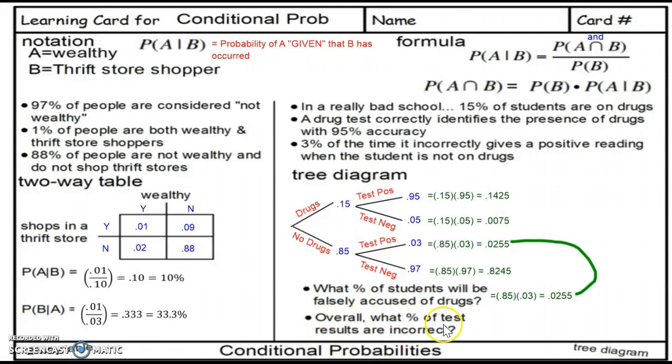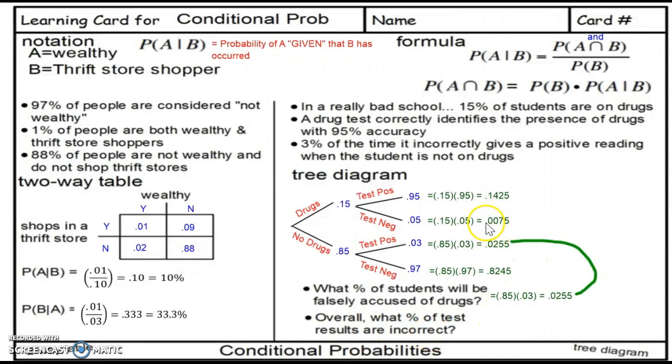So what about this second question? Overall, what percent of test results are incorrect? Well, there's 2 situations that can be incorrect. You could have a student on drugs, but they test negative, or you could have a student that is not on drugs, but they test positive. So I have these 2 probabilities here that are both incorrect results.